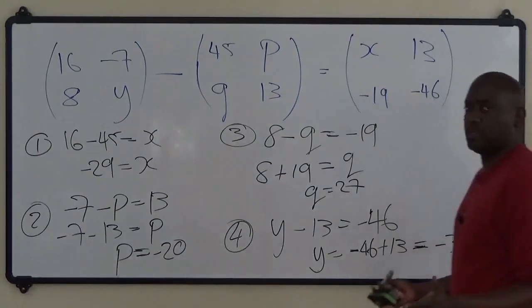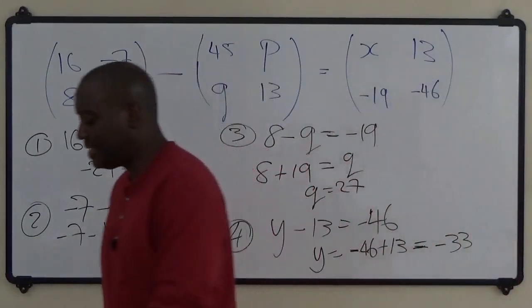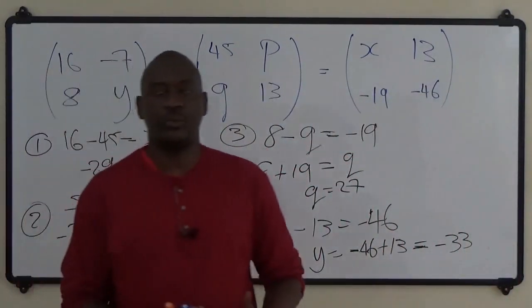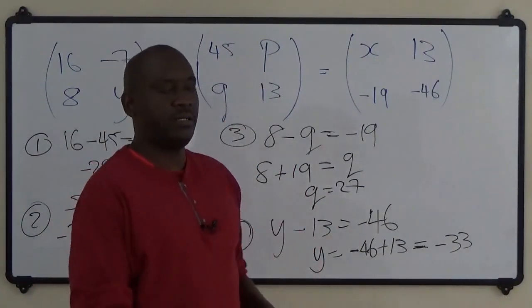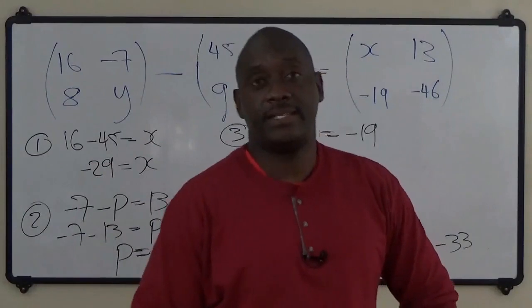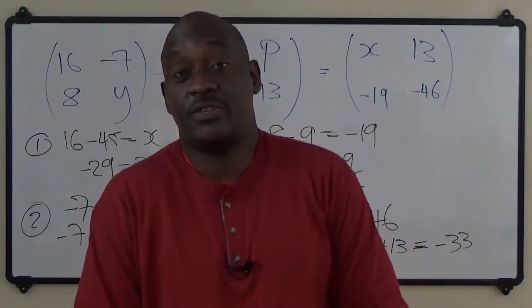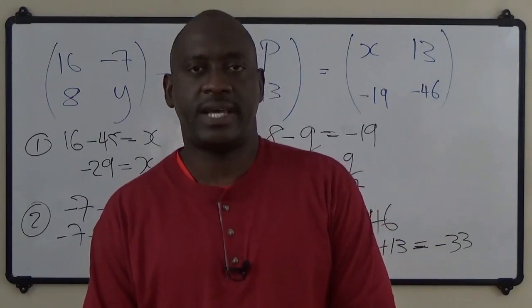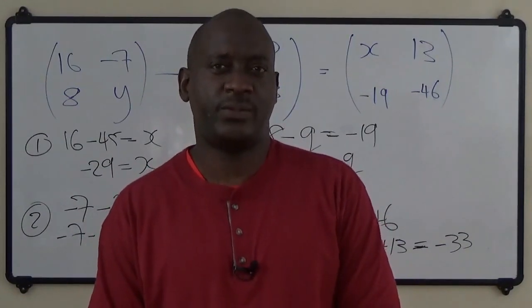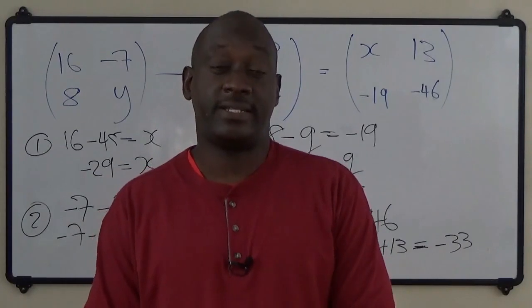So, quick example. These are the kind of questions you have to be prepared to do in a CSEC. You might get something like this as a number 10A in a CSEC for 2 marks, 3 marks maximum. If you're adding or subtracting matrices, that is too straightforward and too simple to lose marks unnecessarily.